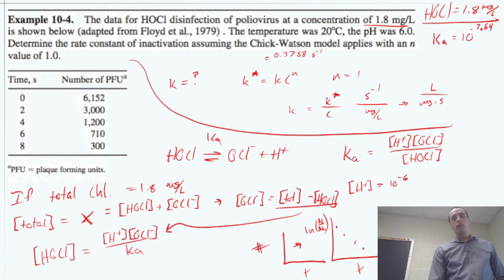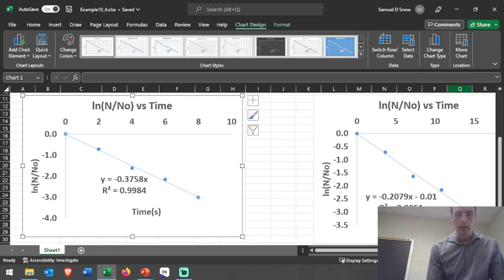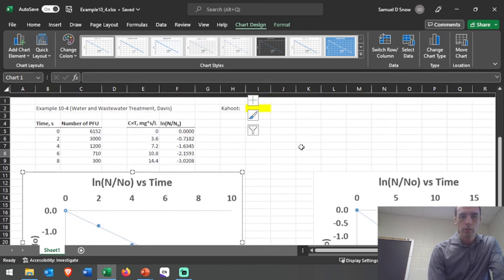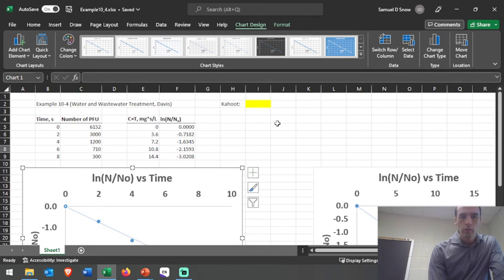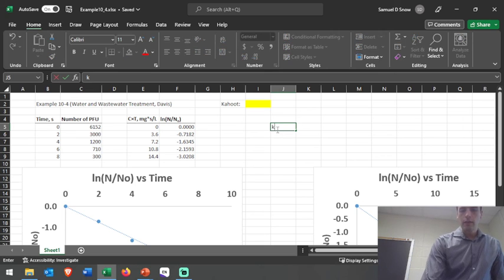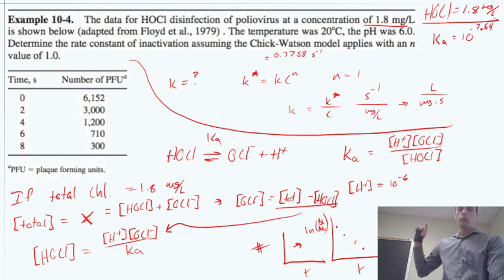We have a value for k star now. That gives us a final answer in that manner. So let's see if I did that here. Okay, so k was equal to 0.3758 divided by 1.8.